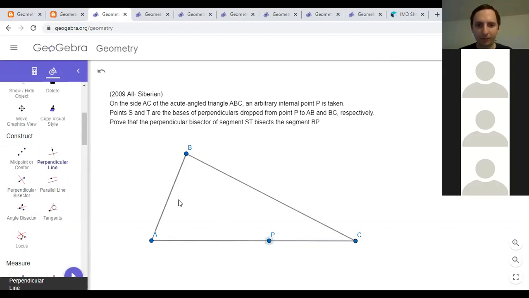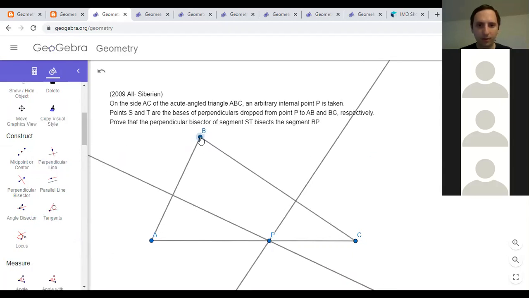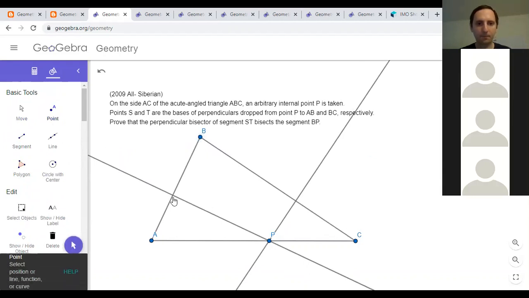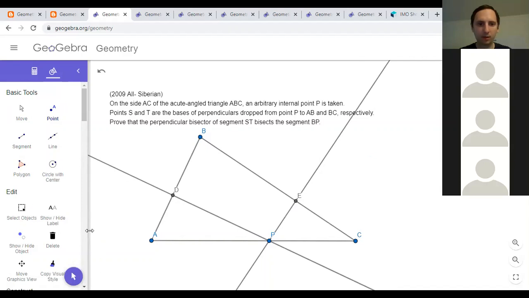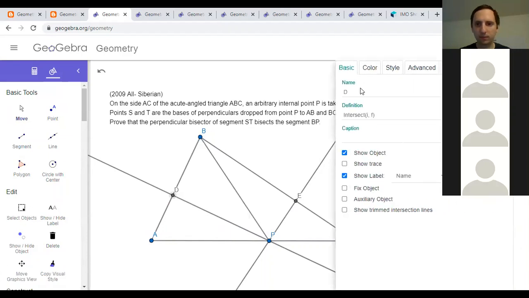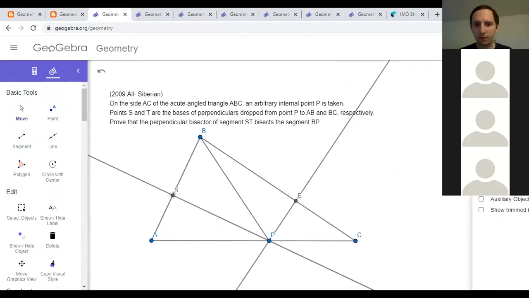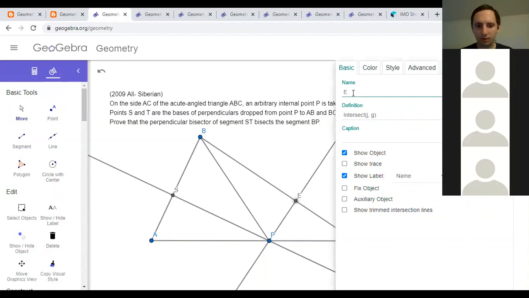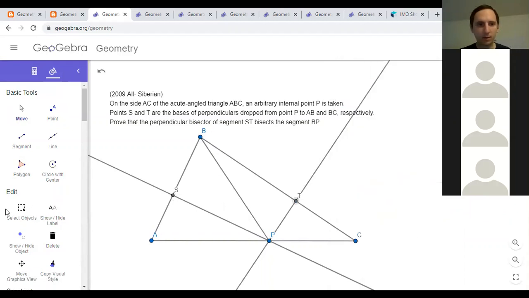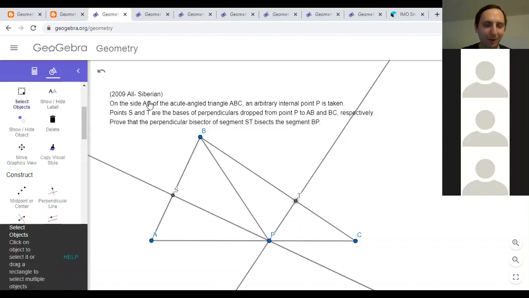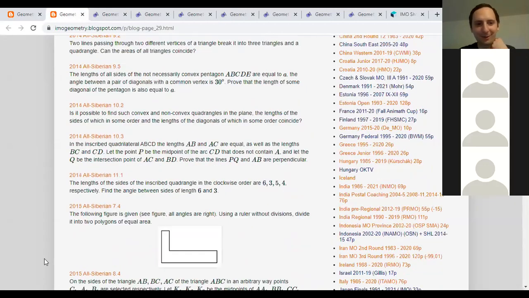I may have done this problem before. Isn't this just obvious? Because BPT is cyclic and the SE perpendicular bisector would contain the center. Yeah, it's obvious. Maybe this one is too easy.